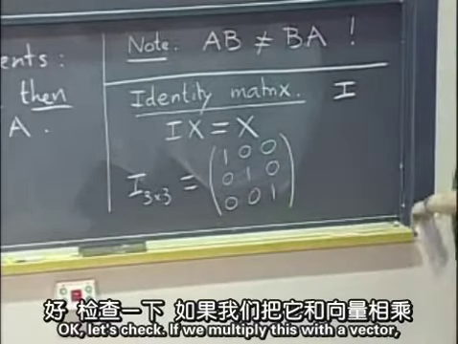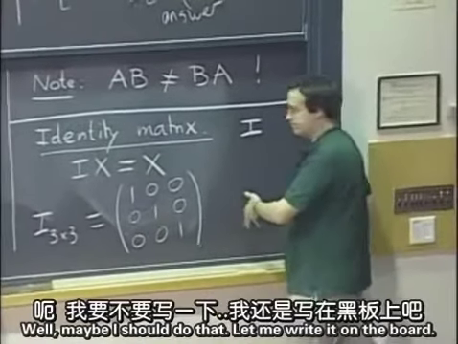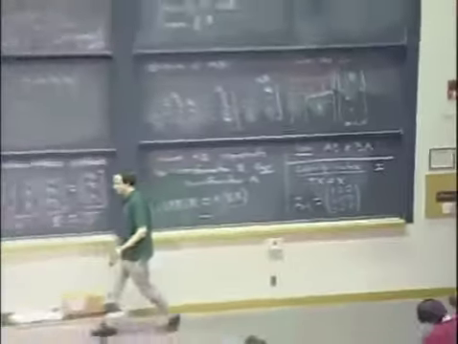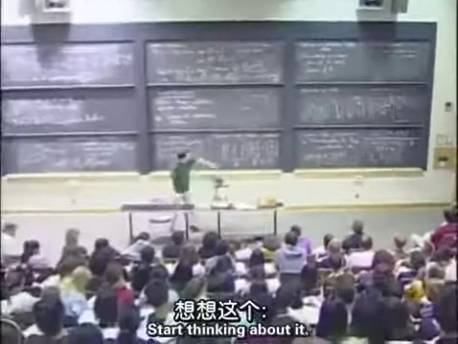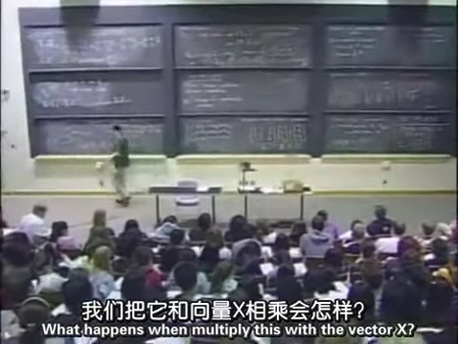Okay, let's check. If we multiply this with a vector, well, maybe I should do that on a separate board. But start thinking about it. What happens when I multiply this with a vector x?